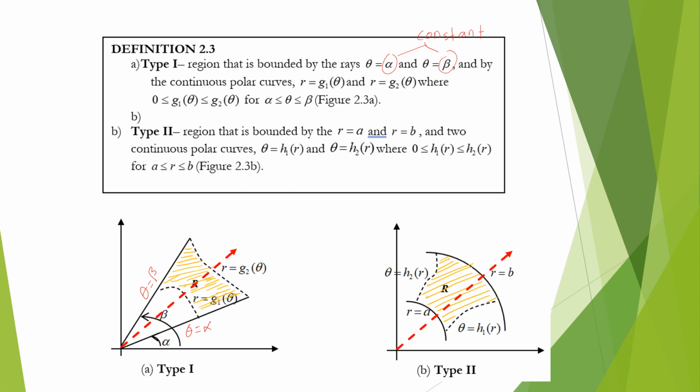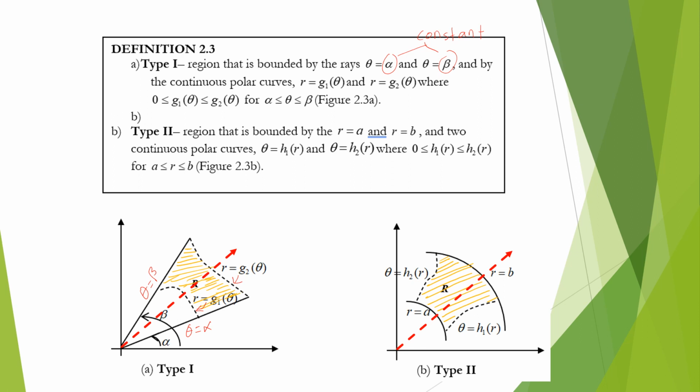Then we have continuous polar curves r equals g1 and r equals g2.